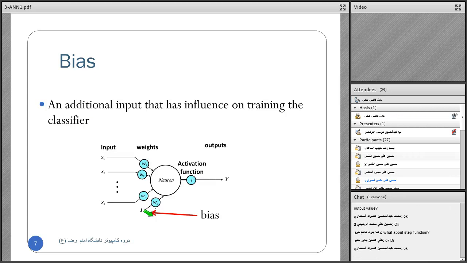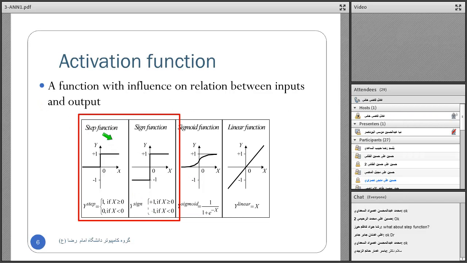Okay, another thing that we have in the neural network is the step function. The step function is another function. You asked about the step function.